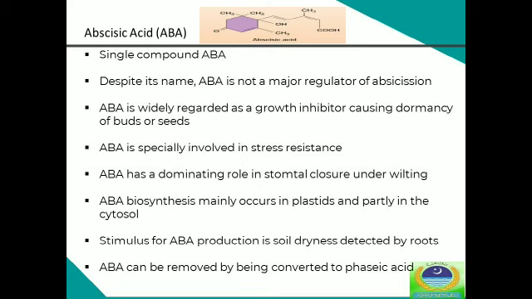Abscisic acid is widely regarded as a growth inhibitor causing dormancy of buds or seeds. However, dormancy is not just growth inhibition, but it is a complicated set of changes that prepare the plant or seed for adverse conditions or stressful environments. And abscisic acid is especially involved in stress resistance.